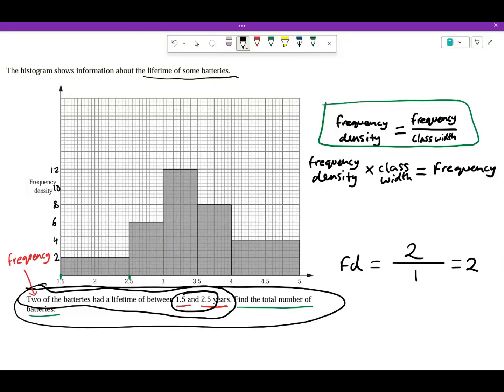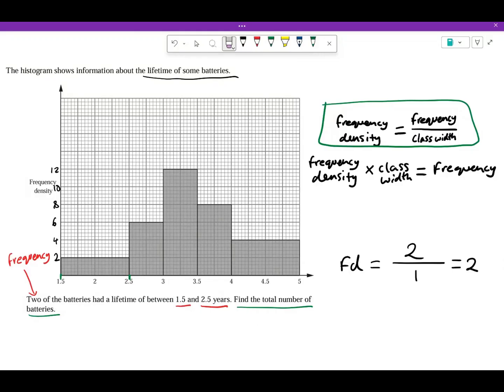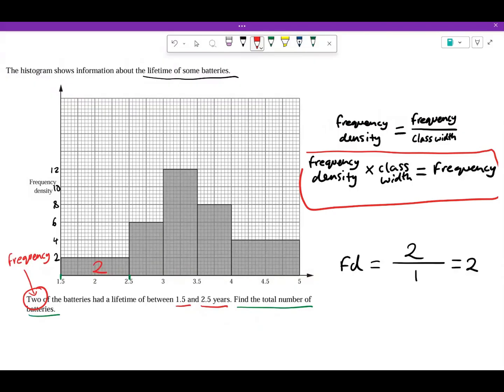So now what I can go and do is try and determine the frequency of every single class. Okay, we know the frequency of the very first one. That was given in the question. It was 2. And then for my next bar, we're going to have to make use of this formula here. We're going to take the frequency density of this bar, which has a height of 6.